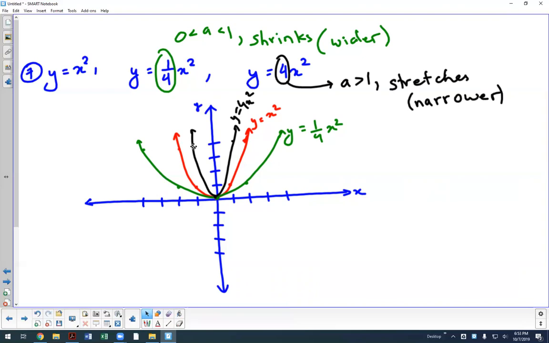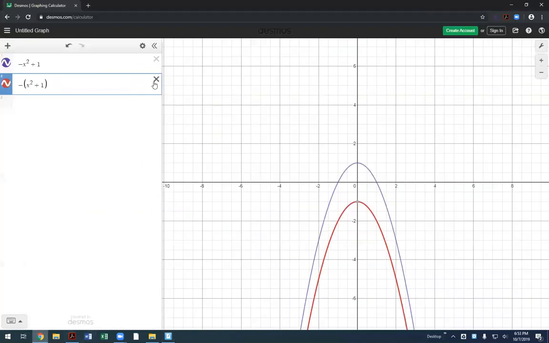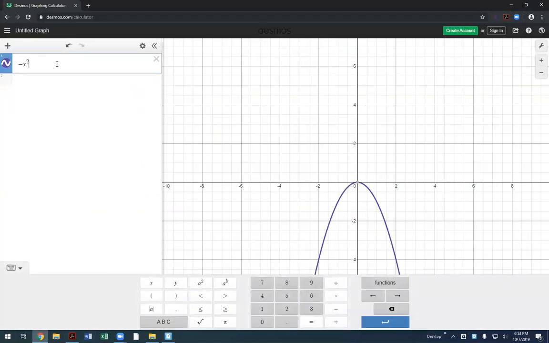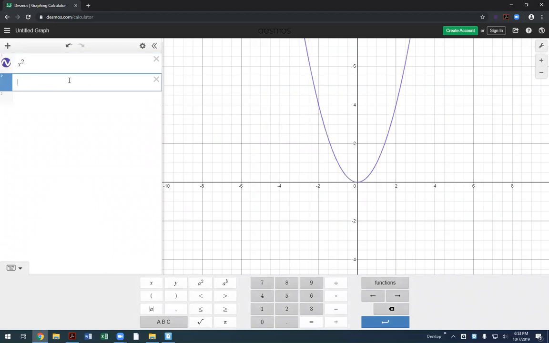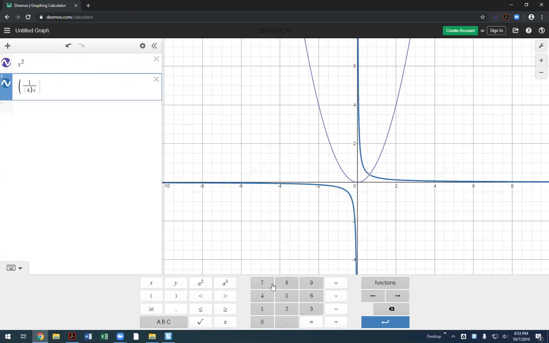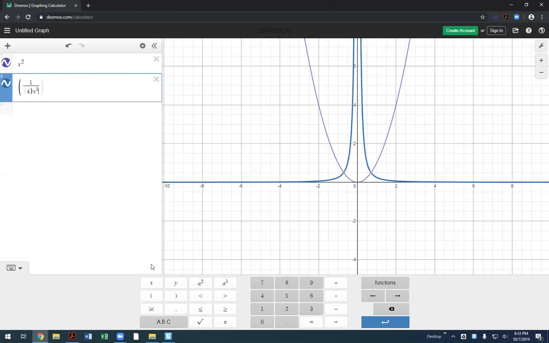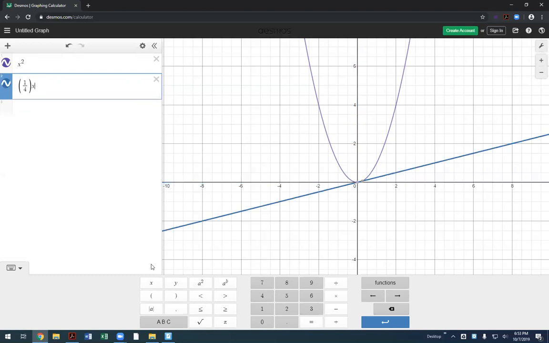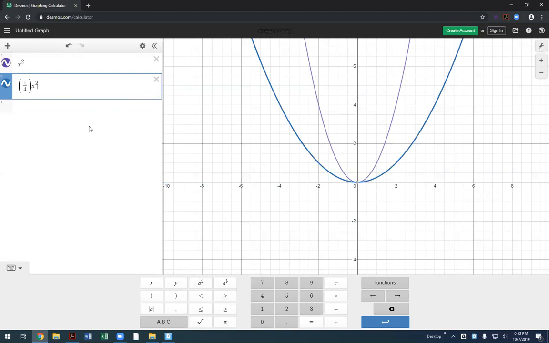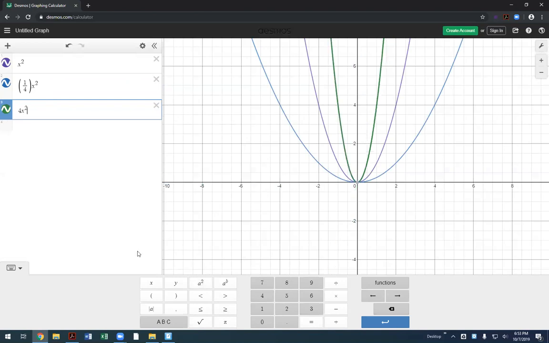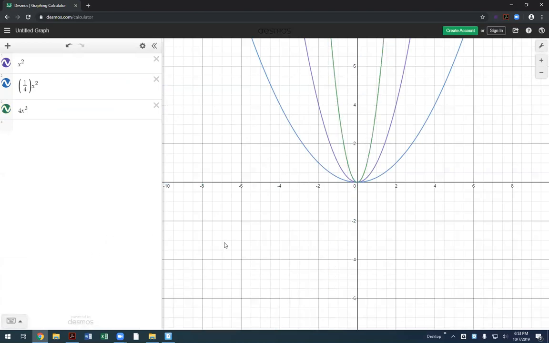Okay, and again, just to show you what this would look like on our graphing calculator. Let's start with our x squared function. Then one-fourth x squared, and then of course our 4x squared.